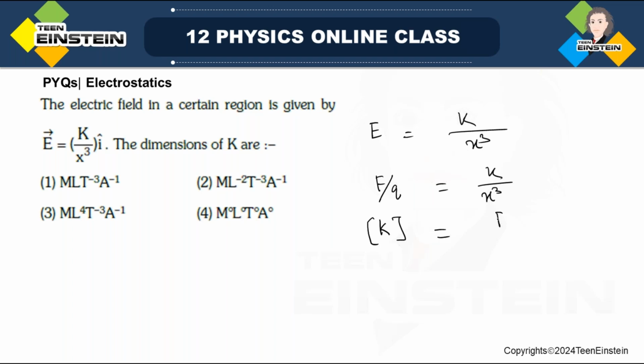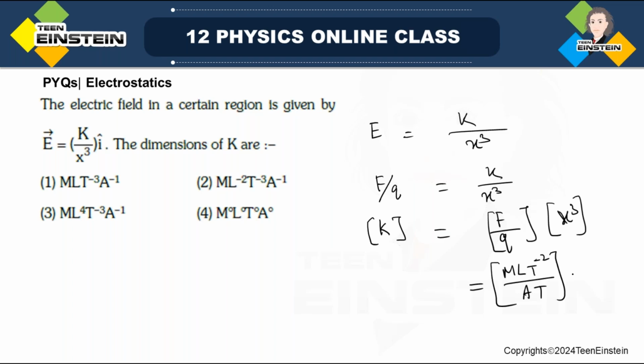And see, I have to write the dimension of this and the dimension of x cube. Okay, x is length over here obviously, and this is M L T to the power minus 2, and see this Q, I can write Q is ampere into time.